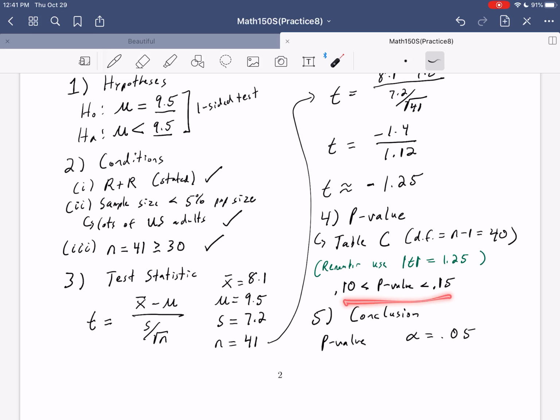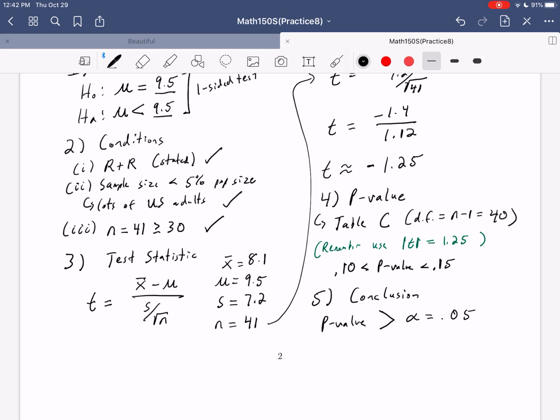Again, we don't know exactly what the p-value is, but since it's trapped between 10 and 15%, it is certainly larger than 5%. So our p-value is larger than alpha. Remember, whenever the p-value is larger than alpha, this immediately means that we fail to reject H0. So this is sometimes referenced as the statistical conclusion.